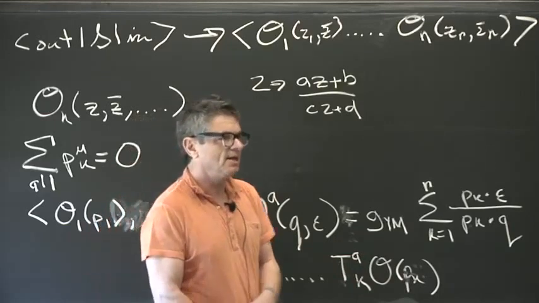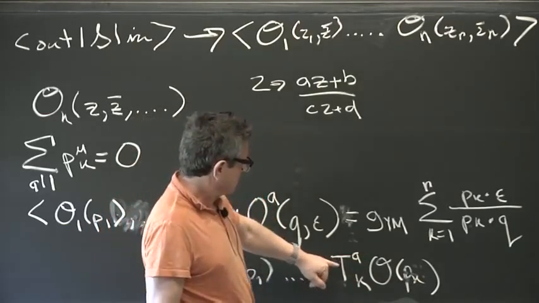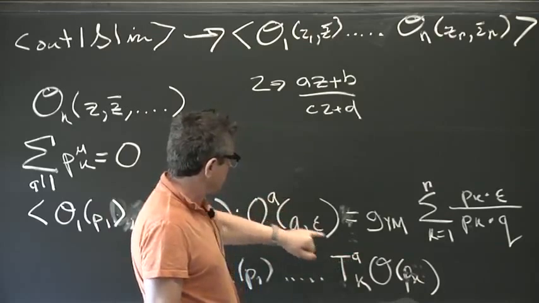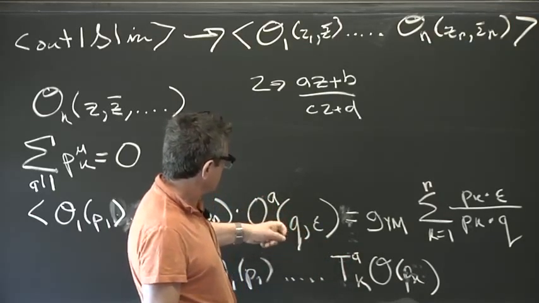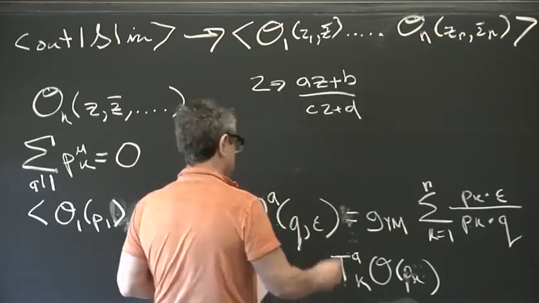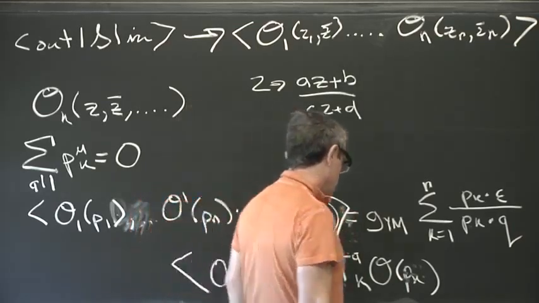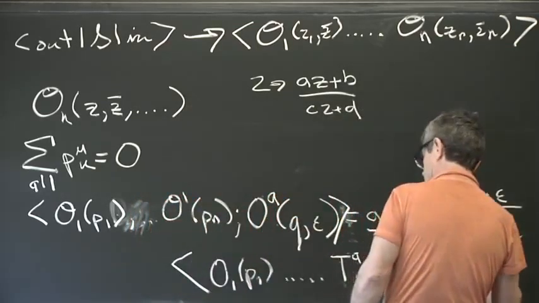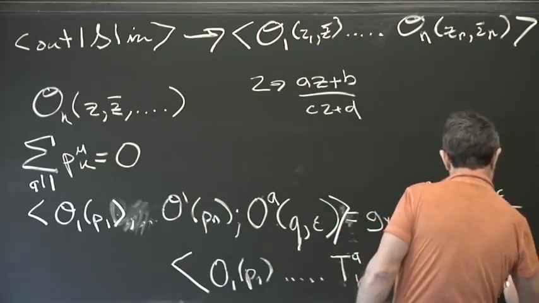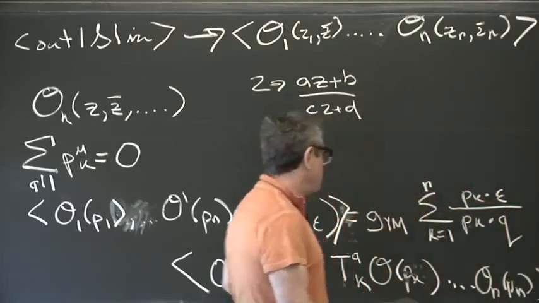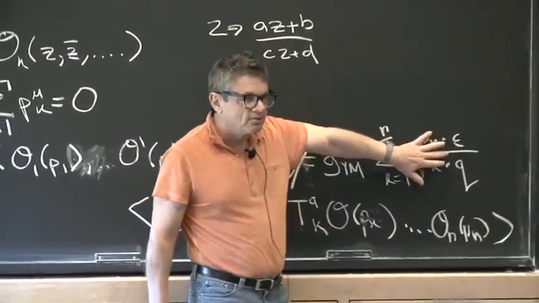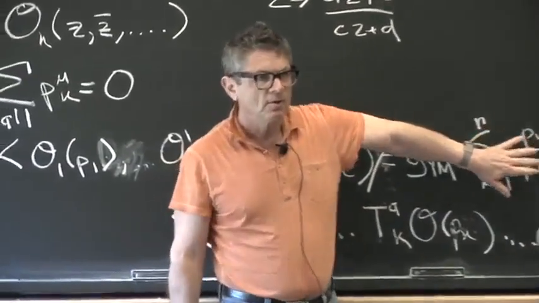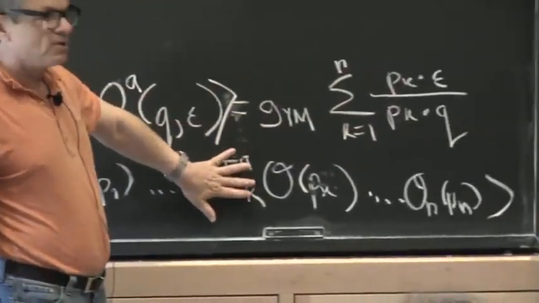And the element in the Lie algebra would be the same one as associated with the gluon insertion. So we have the sum of n terms, one by one, unlike the soft photon theorem, where there was no insertion here.